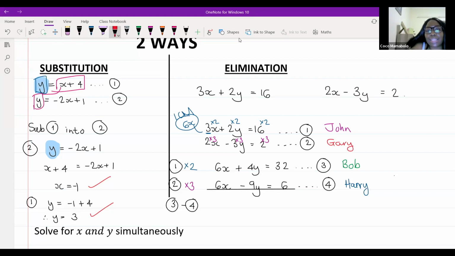So 6x minus 6x will give me 0. And then I'm going to get 4y minus negative 9y. Minus negative will give me plus. Is everybody okay with why this becomes plus? Just let me know.